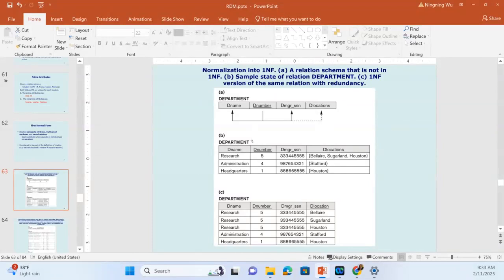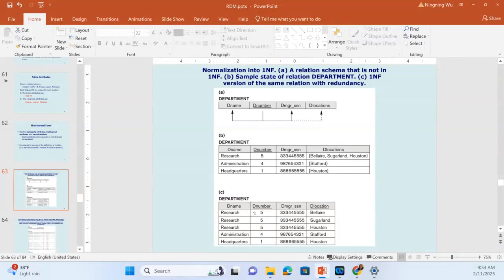So the department is not in first normal form. We usually call the first normal form 1NF, and this department schema is not in 1NF because it has a multi-valued attribute.